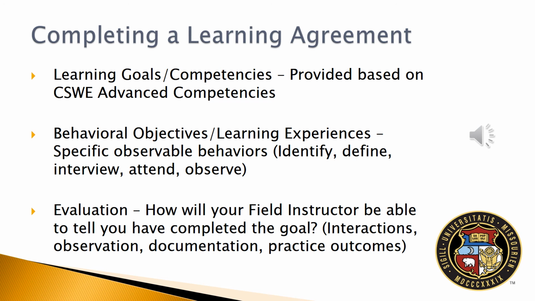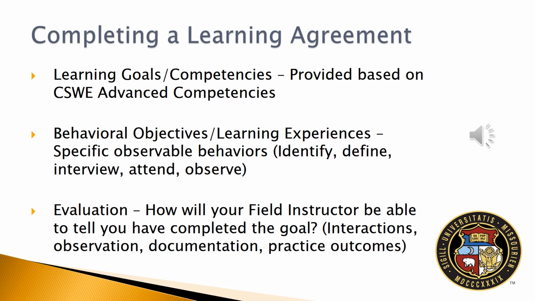Those are what we call practice behaviors. Those are the operational definition of each of those learning goals and competencies, and we're going to review those in the next few slides. And those are what we expect the student to accomplish during practicum.